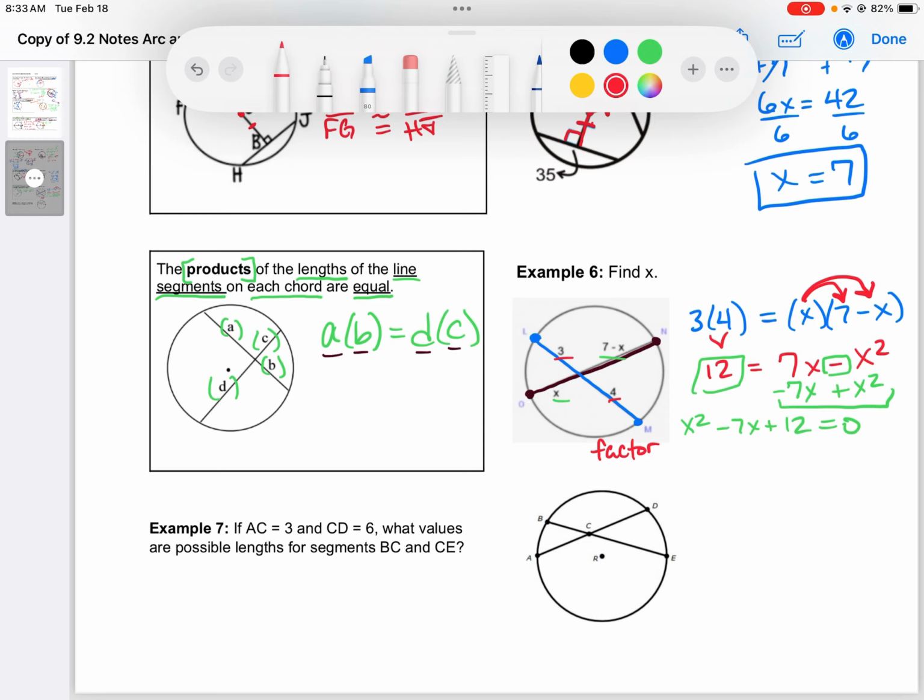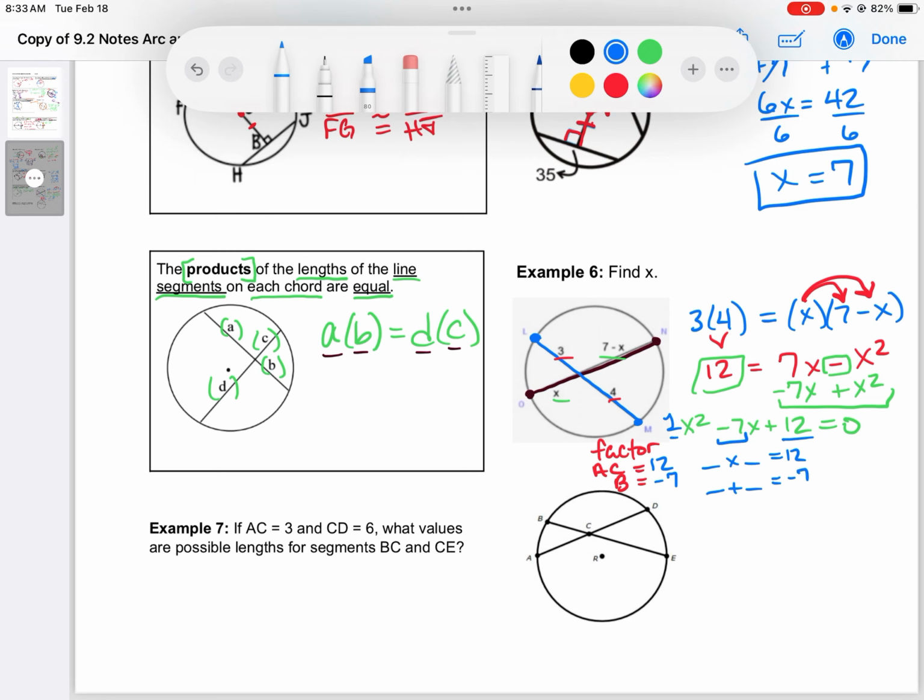And so, just real quickly, I'm sure your teachers taught you a lot of different methods, but I use the AC method. And so what that means is I take A, which is 1, multiply it by C, which is positive 12, and then I take my B value, negative 7, and I need to find magic numbers. I need to find numbers that multiply to equal 12 and add to equal negative 7.